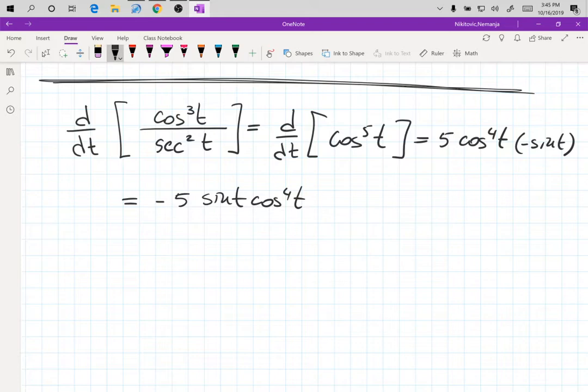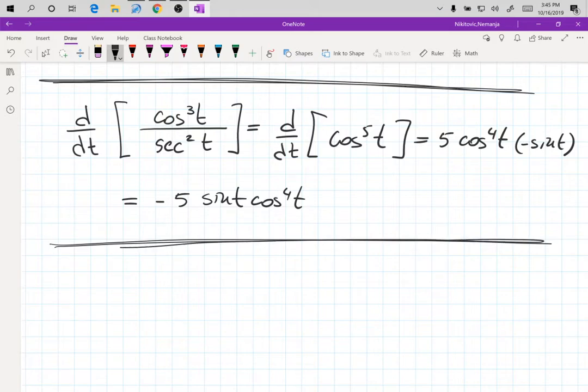This is why trig is so awesome. It can go around some of these problems.